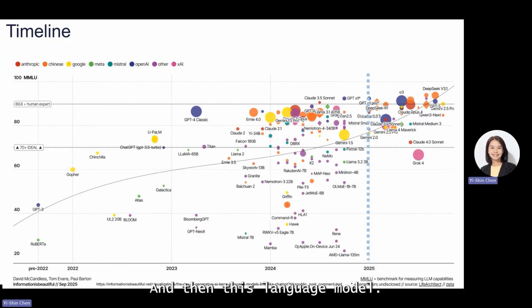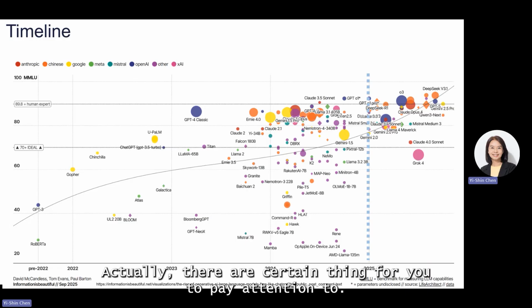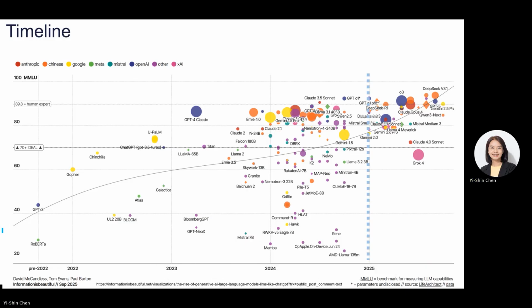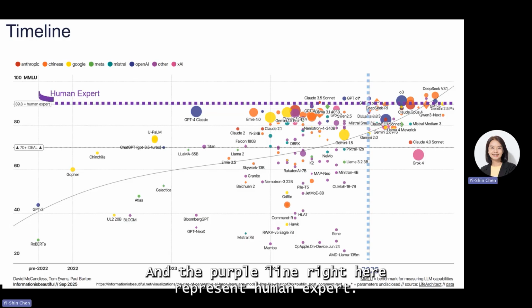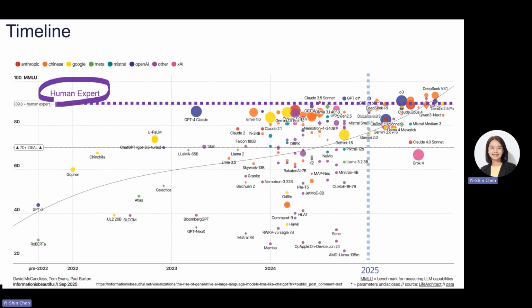And with this timeline, there are certain things for you to pay attention to. One is this line, the purple line right here. The purple line represents the human expert, and the blue line represents the model.